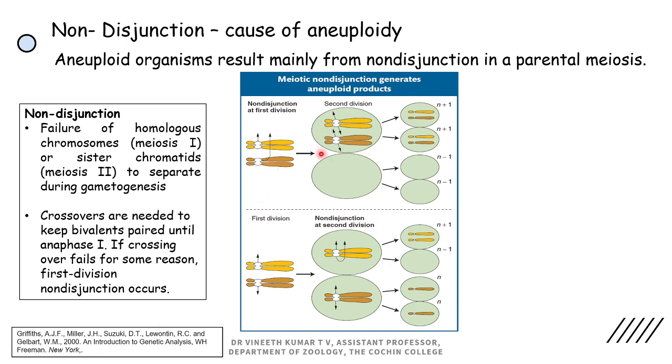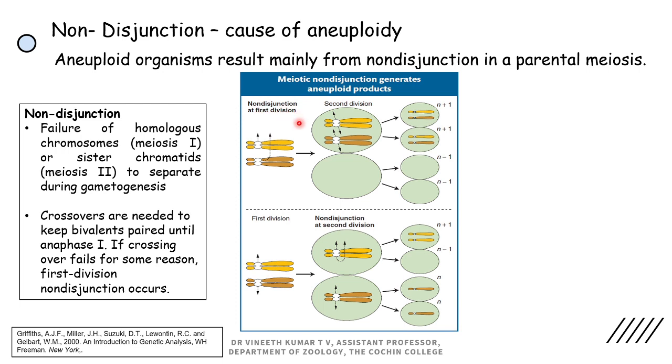Here you can see the first one, non-disjunction during the first division, or M1. This is a homologous pair. We are talking about only one homologous pair, and consider that we take this as humans, and all other 22 pairs segregate normally. Only this particular homologous pair will have non-disjunction.